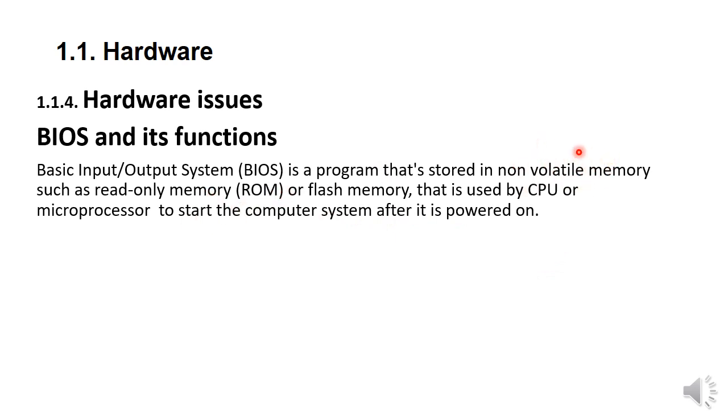A non-volatile memory means a memory which does not lose its data when the computer is switched off. And this program is used by the CPU to start the computer system. It means that once you switch on a computer, immediately the BIOS is executed by the CPU and the computer starts to operate.